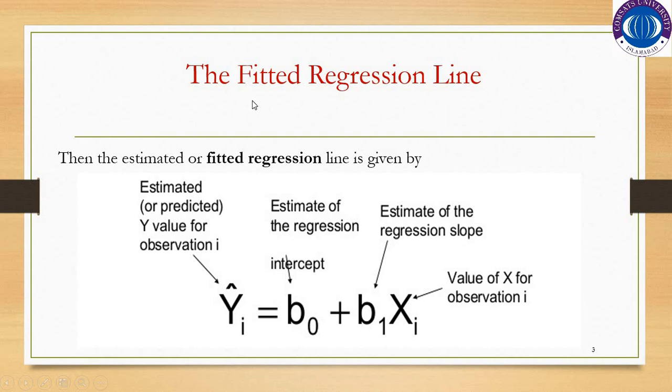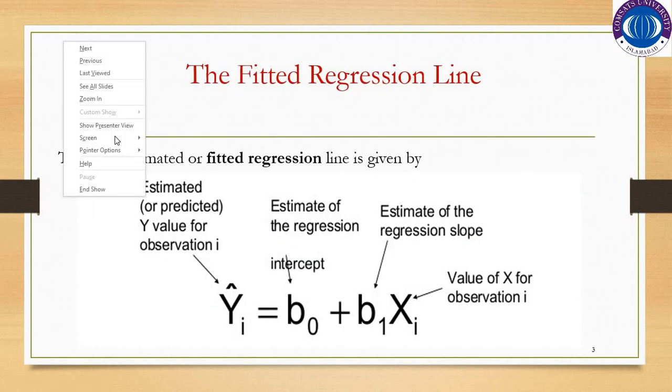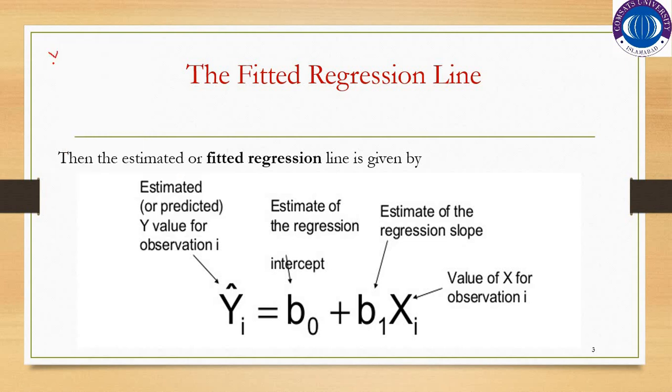As we have discussed in the previous part, we have a regression model, and we are discussing a simple linear regression model, which is y is equal to beta naught plus beta 1 x.